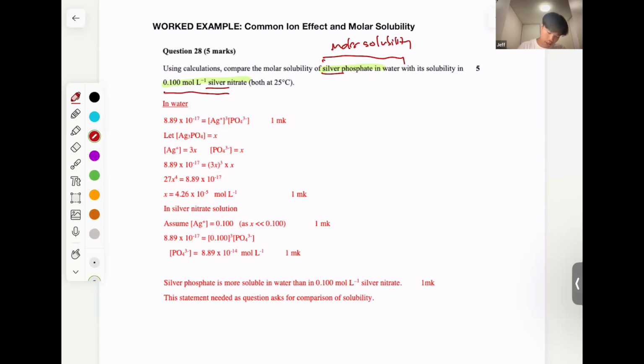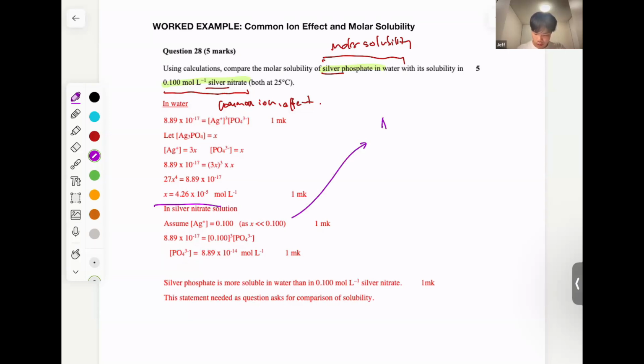And then this second part of the stem is a common ion effect. And this nicely shows that when you have that common ion, the concentration will end up being lower for the molar solubility. So in silver nitrate solution, assuming that silver is 0.1, and I'll show you what they mean by this in terms of an ice table.